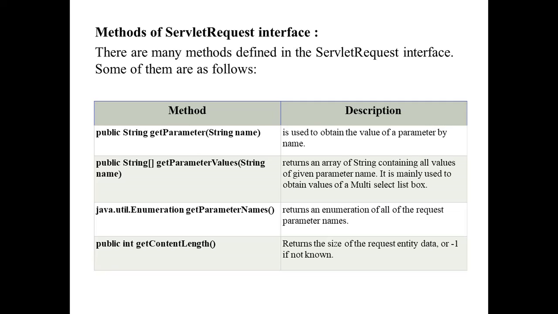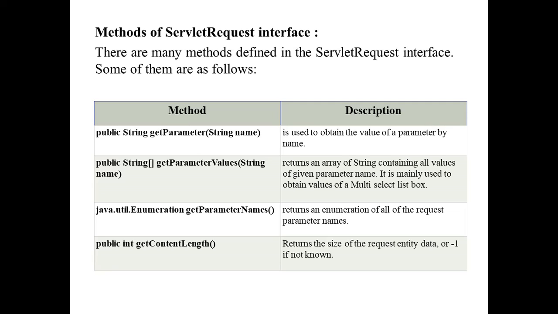Second method is public String[] getParameterValues(String name). This method returns an array of strings, means it returns the array of strings containing all the values of the given parameter name, and it is mainly used to obtain the values of a multi select list box.